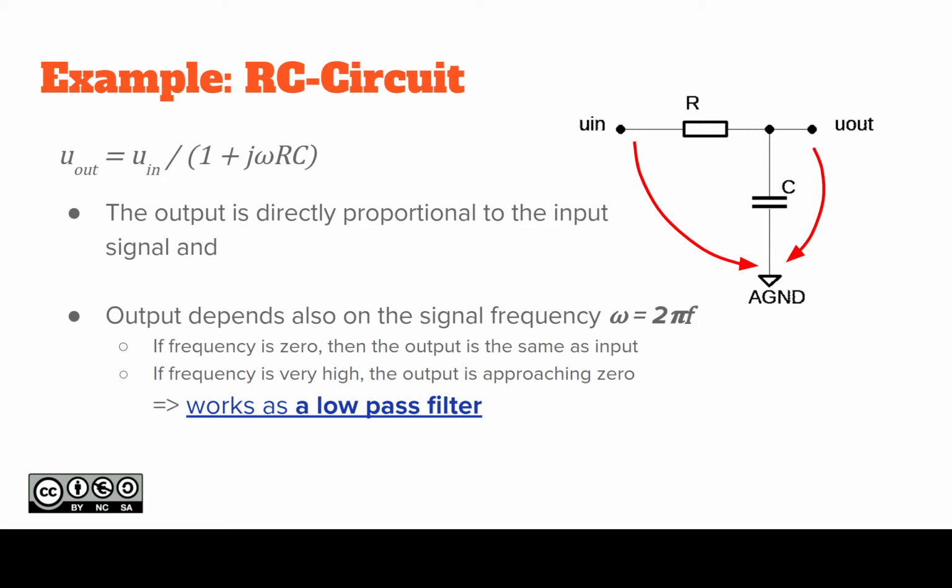So that magnitude part goes to very small. So okay, lower frequencies pass through the signal virtually unchanged, and the higher frequencies are attenuated. It sounds like a low pass filter.